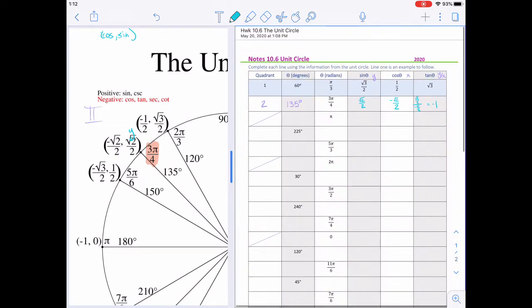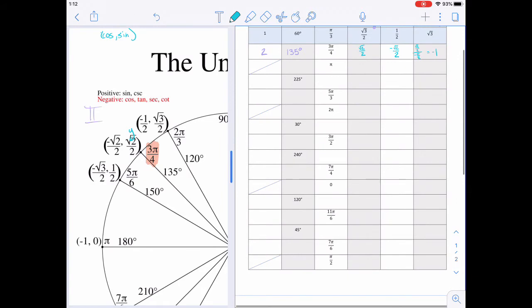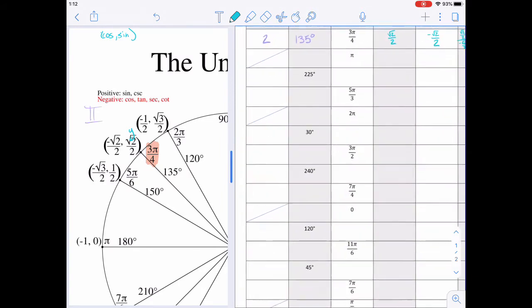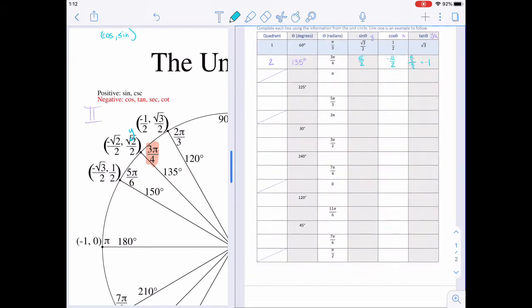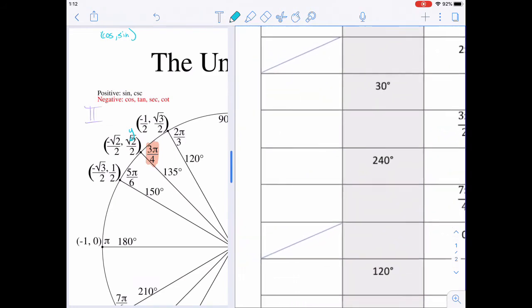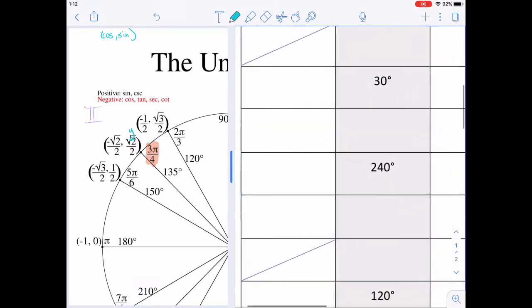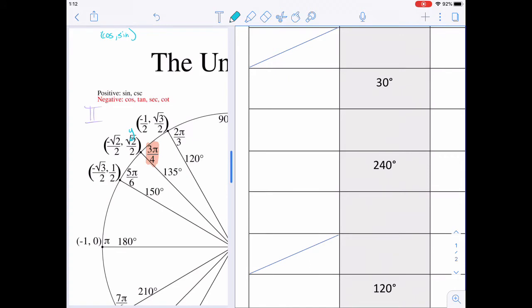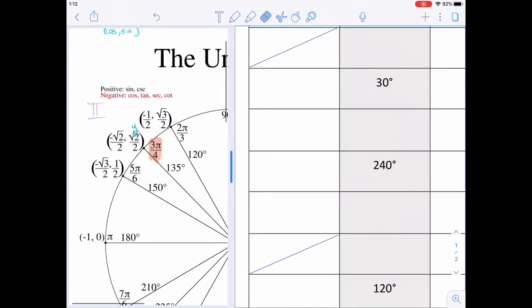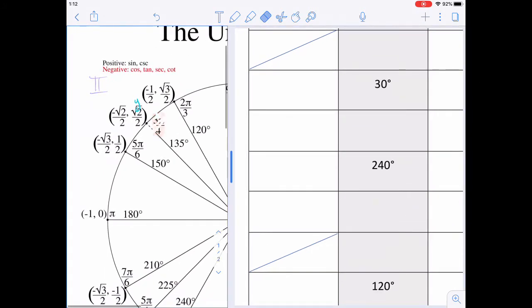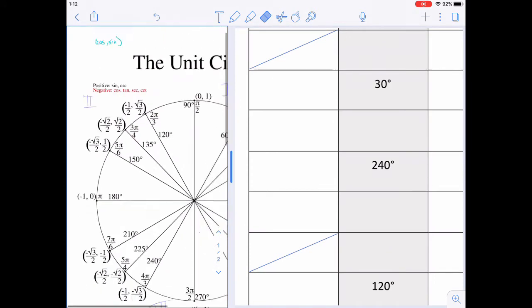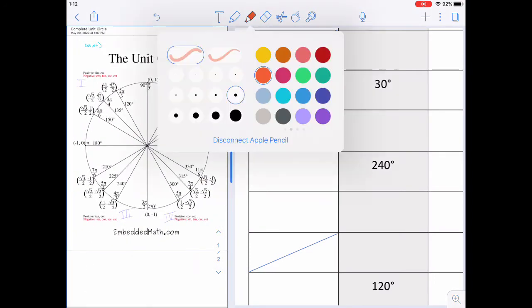Let's do one more. Let's do this one. So this one gives us our degree of 240. So we're going to go back to our unit circle. Let's zoom out. So we're looking for 240 degrees.